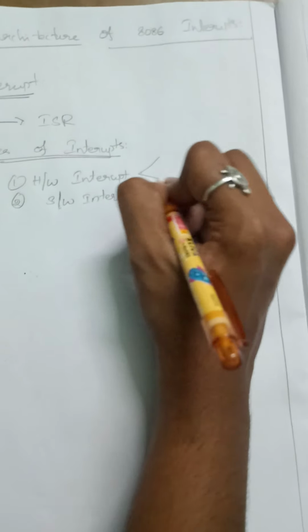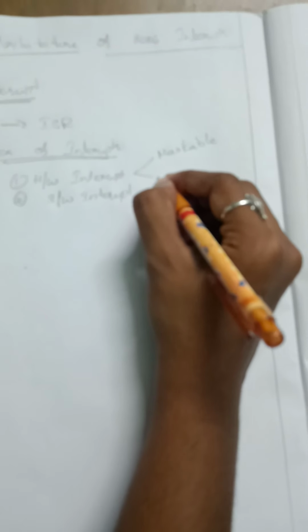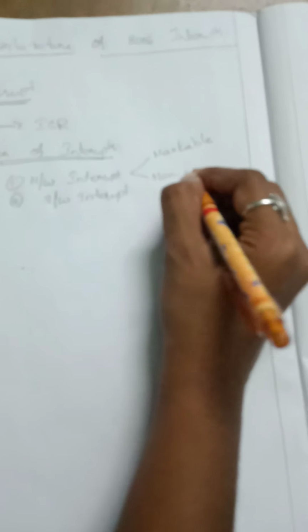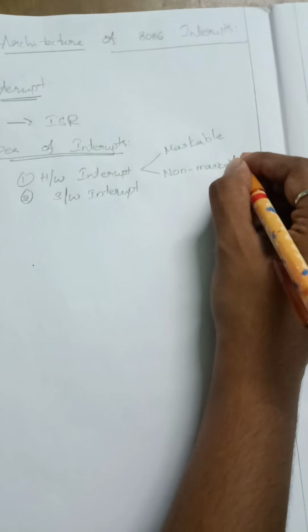And again, hardware interrupt is classified into two types: maskable interrupt and the second one is non-maskable interrupt.